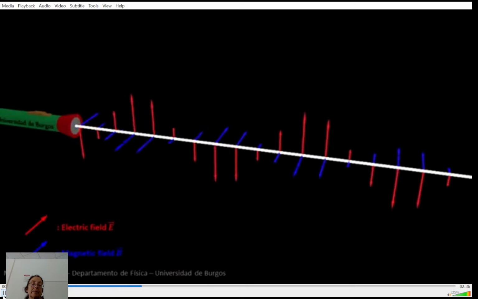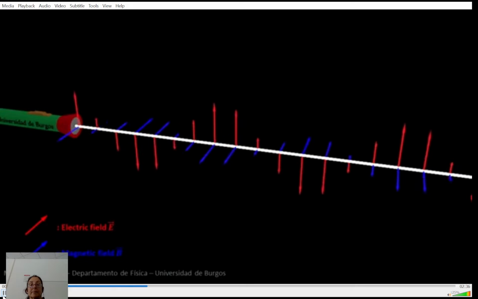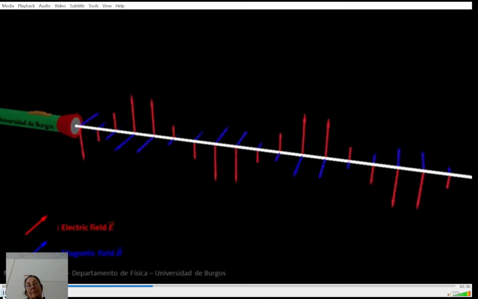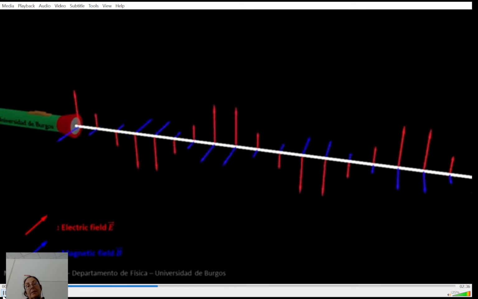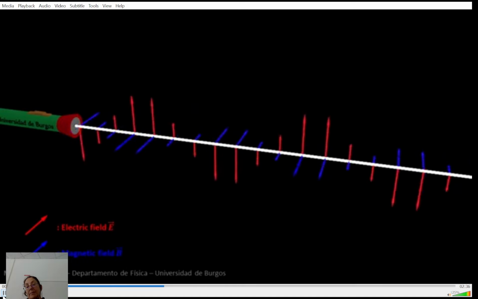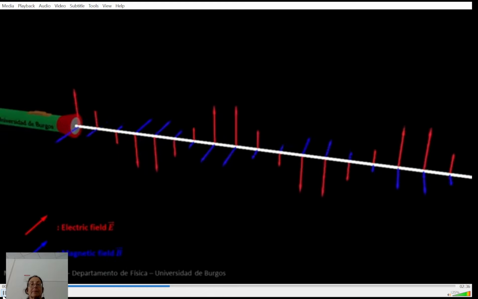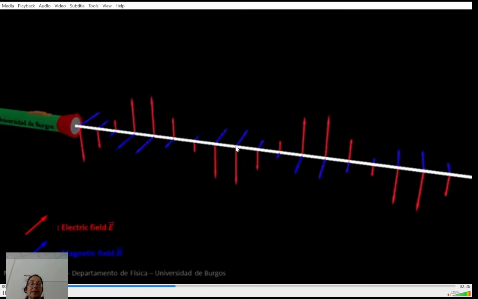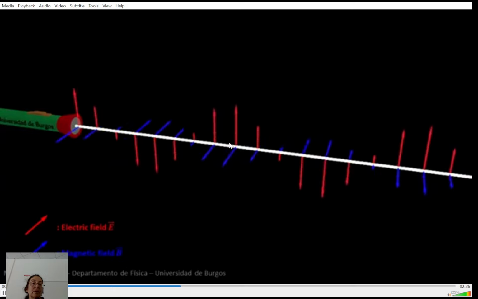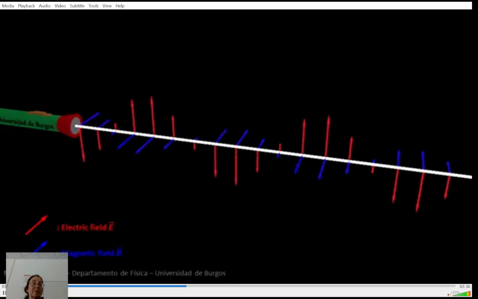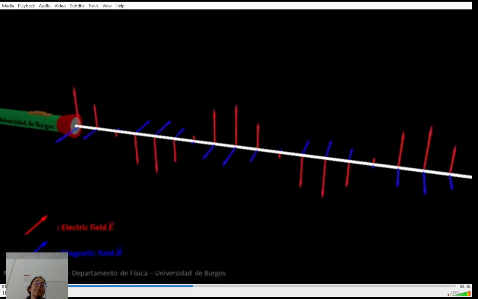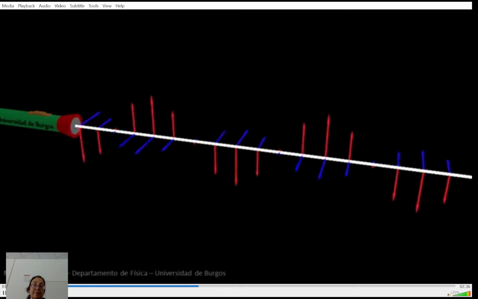Its plane of oscillation is perpendicular to the light beam and to the electric field. Both fields are in phase. This means that if we focus on a specific point of the beam, they reach their maxima at the same time and cancel at the same time. The more intense the beam, the greater the amplitude of both fields.